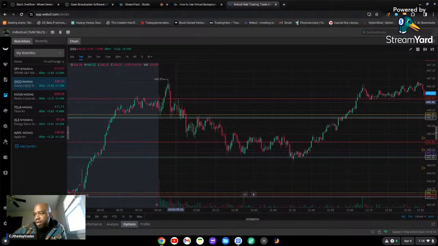So the Qs we got in at 10:22 a.m. Now the only problem with this trade is that it was not at a key level. This was based off of what we saw on the chart. And our level was all the way up here, right?